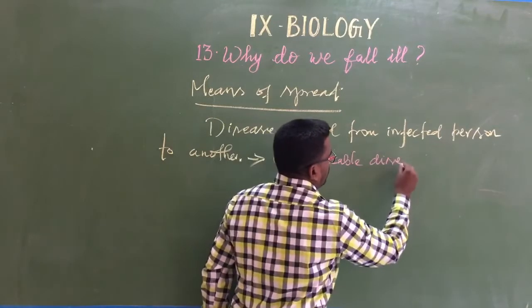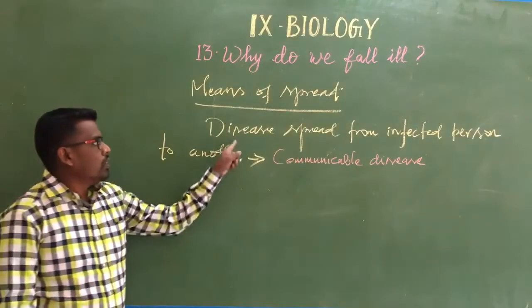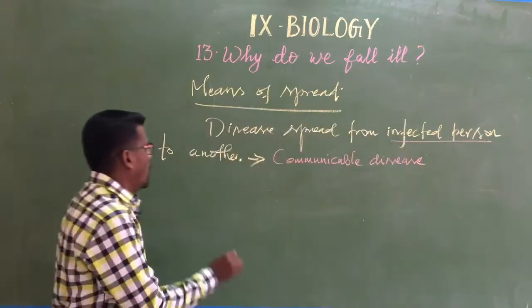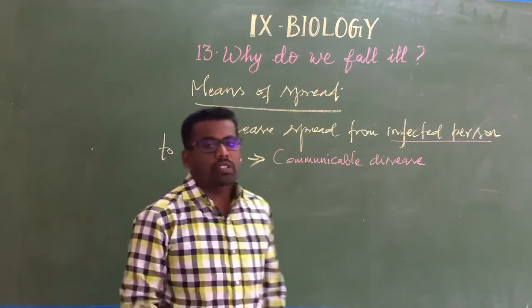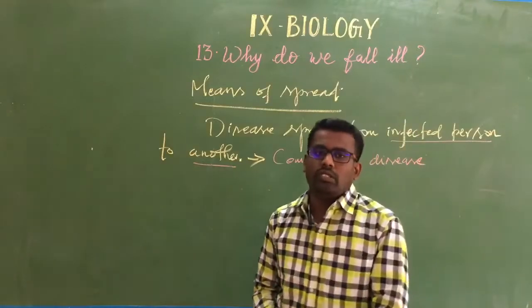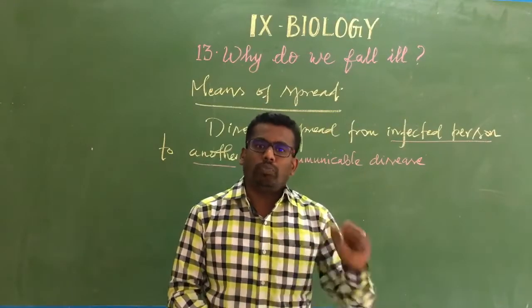Again, when a disease spreads from an infected person to another, healthy person, that is called communicable disease. Okay. Then, how does the disease spread?